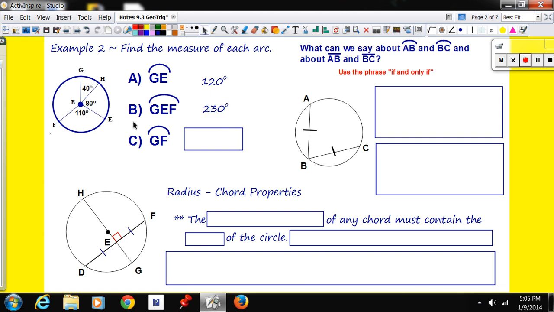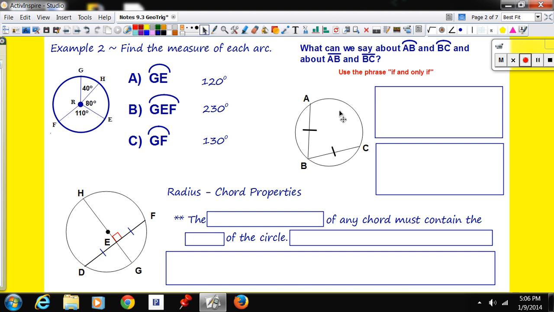GF, you'd have to go the shortest way from G to F. So from G to F, the shortest way is right here. They want to know what this arc that's missing would be, and if these 3 add up to 230 and all 4 of them have to add up to 360, then GF has to be 130 because 230 plus 130 is going to give you 360.